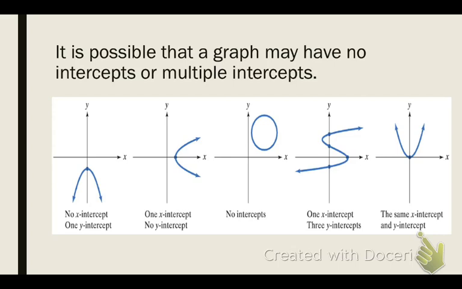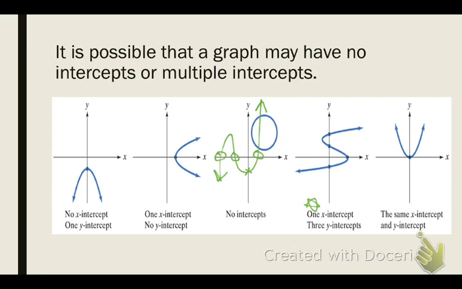There may be times, depending on the graph, not necessarily it being a function, but a graph, where you have multiple intercepts. It may be a cubic function that looks something like this, similar to this graph here, but we have multiple x-intercepts and then we have a y-intercept here.